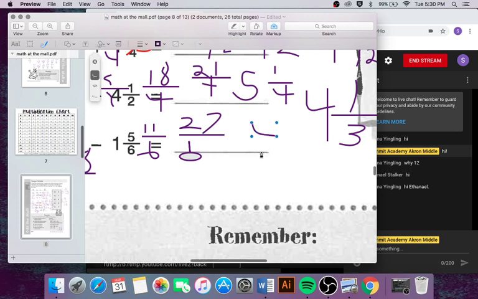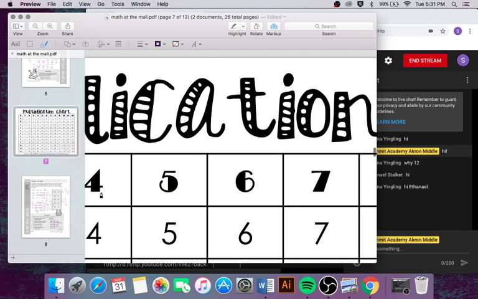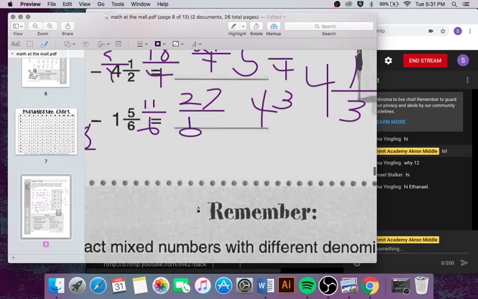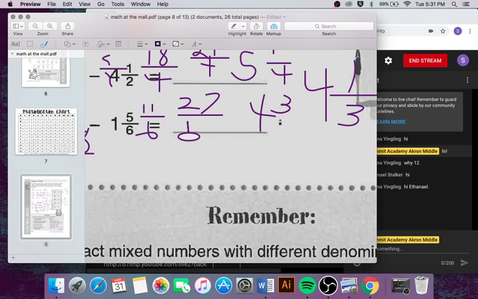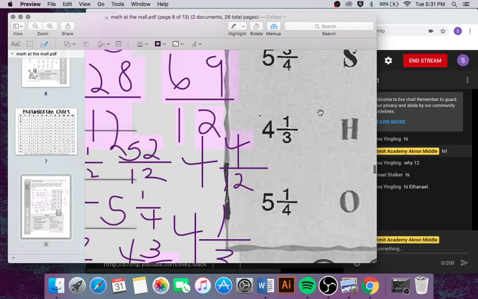And then we need to subtract 24 from 27, which gives us 3 over 6. 3 over 6 is going to reduce into 1/2. So our answer is going to be 4 1/2, which is P.